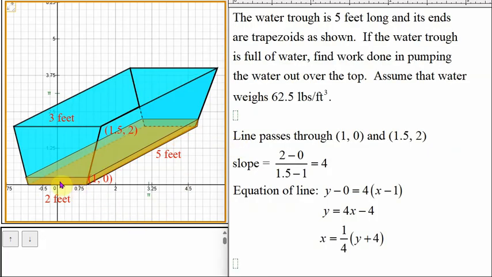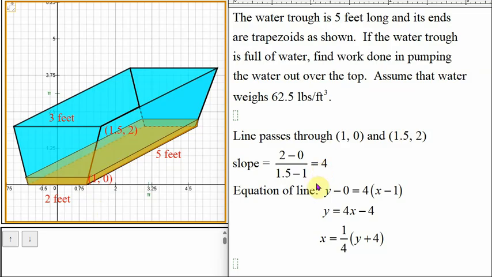And so notice that this point right here is the point (1, 0), and this is the point (1.5, 2), because the distance from here to here is 3. So right in the middle, from here to here, is 1.5. And therefore this line passes through the point (1.5, 2) and the point (1, 0). And therefore the slope of this line is going to be 4.